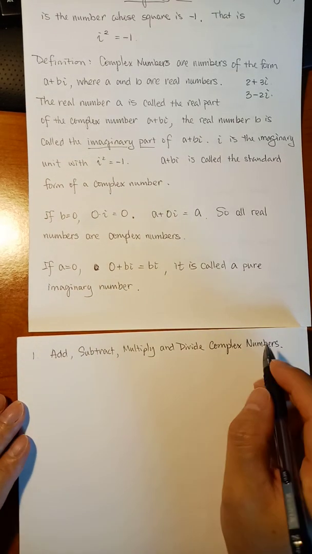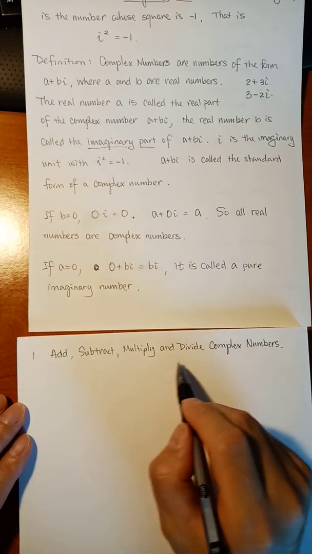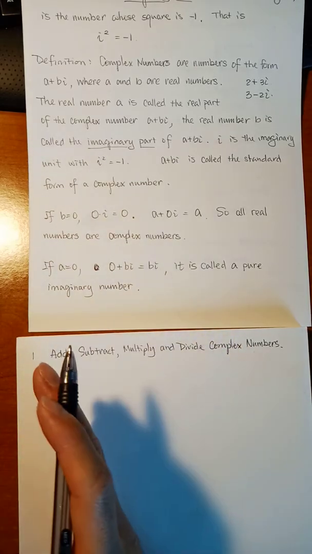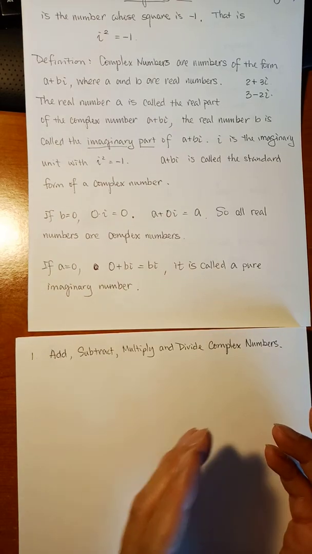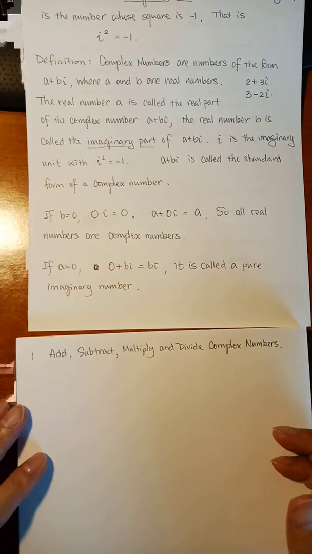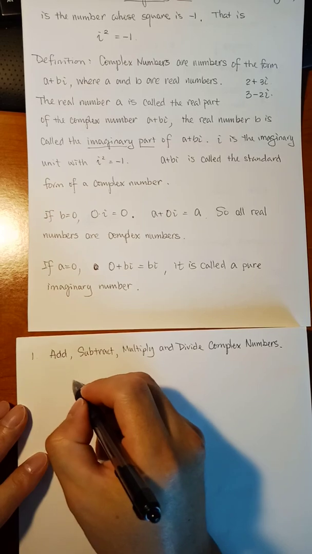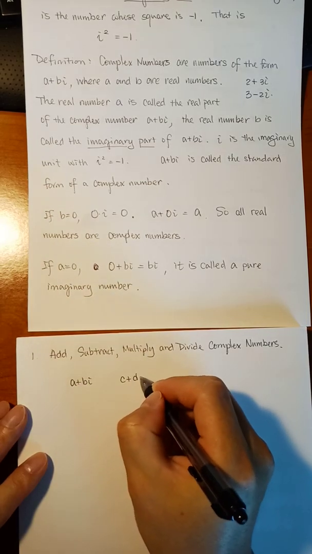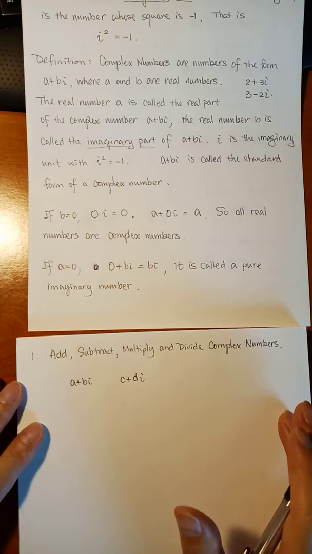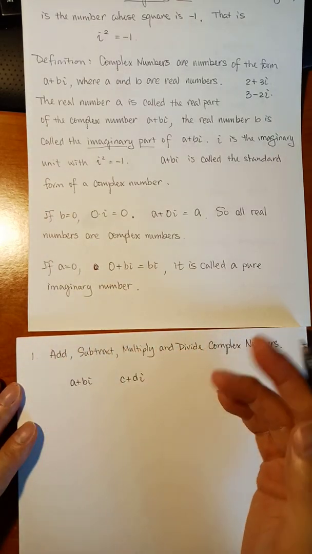Before we do those operations, you have this expression of a complex number, and you have that expression of a complex number. How do I know they are equal to each other? You have two complex numbers. How do I know they are the same thing?